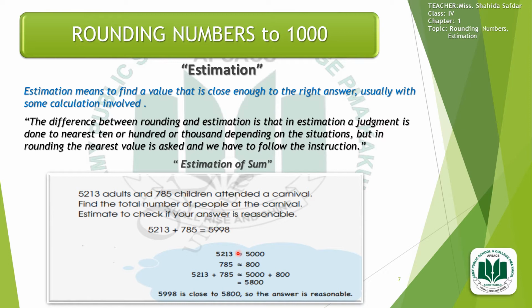For this, 5213 will be rounded off to 5000, 785 will be rounded off to 800, and when we add 5000 and 800, we get the answer 5800. So, 5998 is close to 5800, so we can say our answer is reasonable.